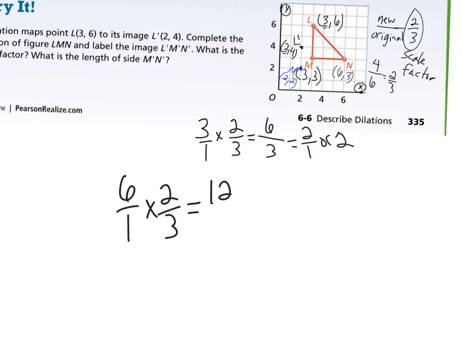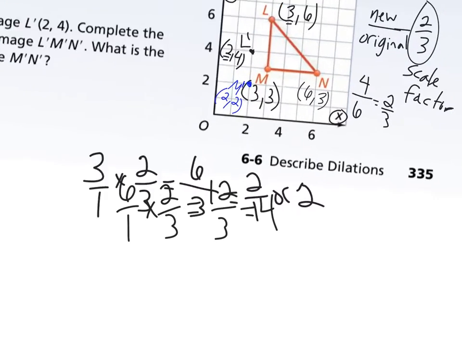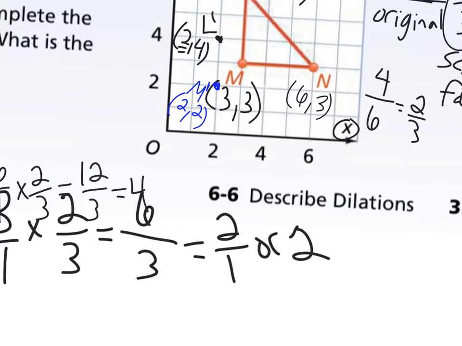So multiplying those would give us 12/3. Divide that out would be 4. So that means our new point here is going to be 4 something. The 3 we already did. 3 times 2/3 is 2. So we're going to be at 4, 2. And this would be our new triangle.